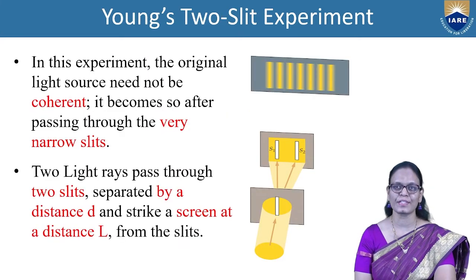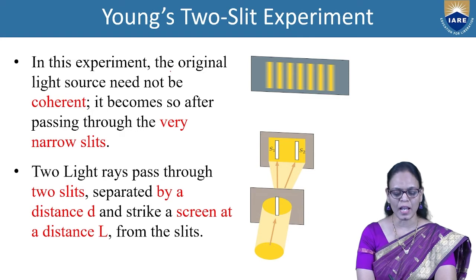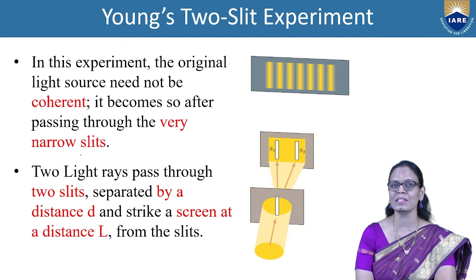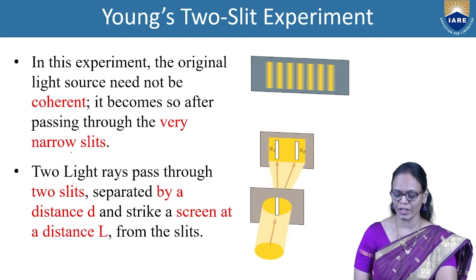Now what do we have in this experiment? In this experiment, the original light source need not be coherent. It becomes so after passing through the narrow slits. So here if you see, this is our original source. And then we have two slits S1 and S2, which are placed equidistant from this source.